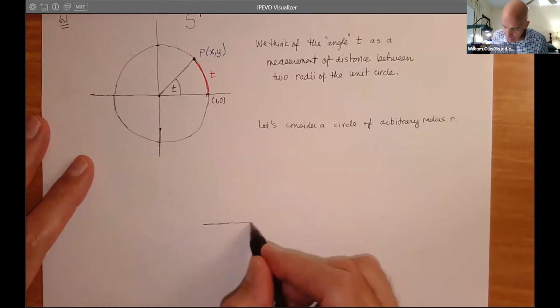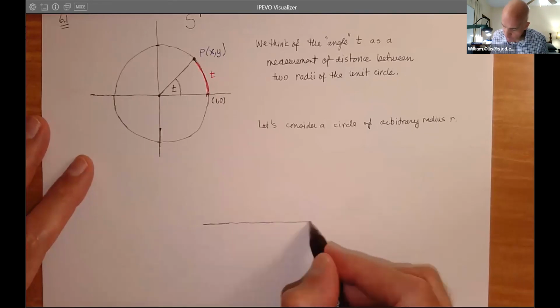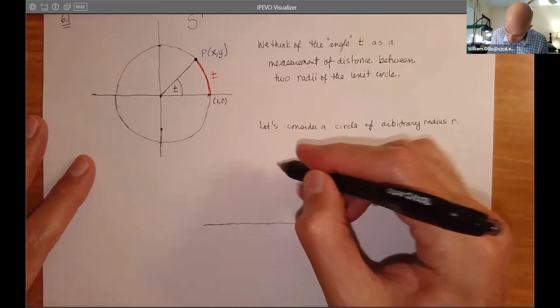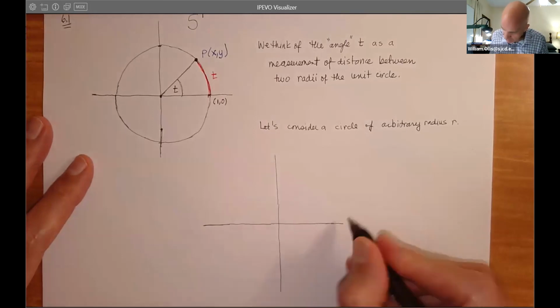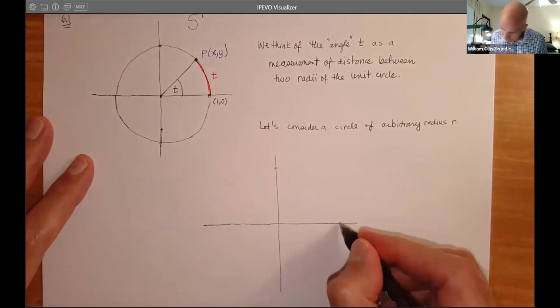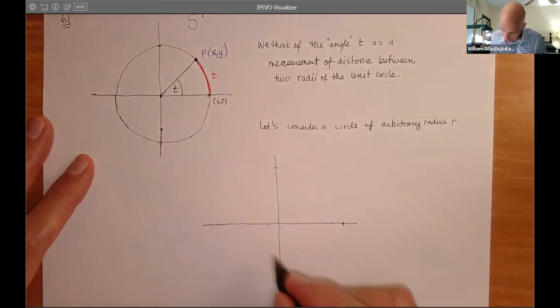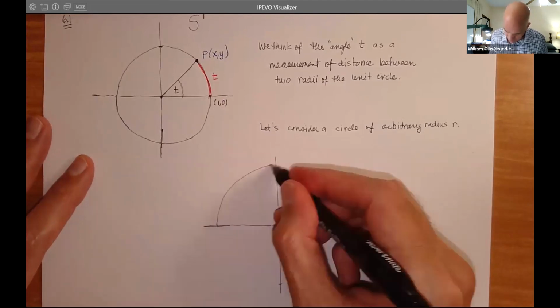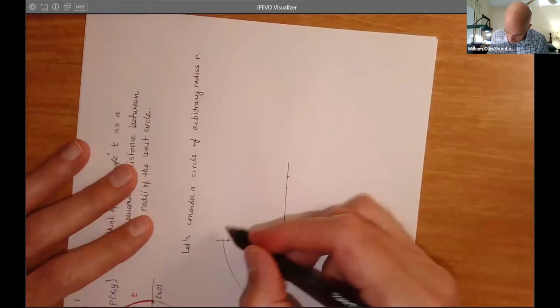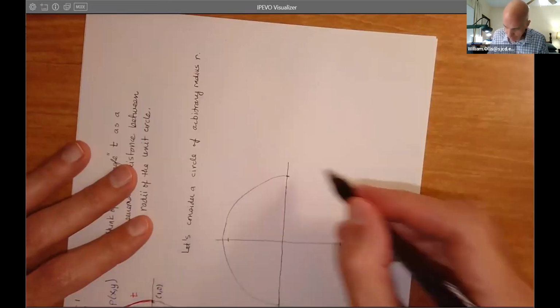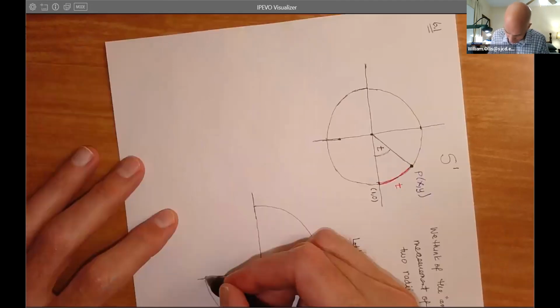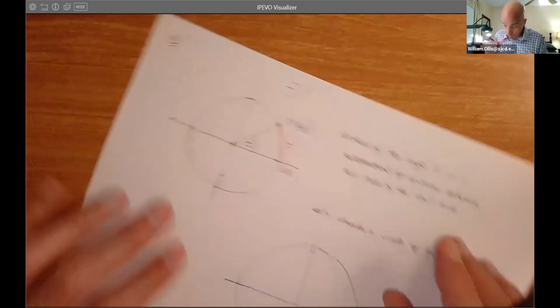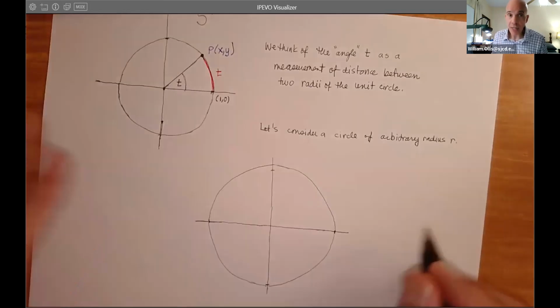So we're not going to call the new angle by the letter T because it's not going to be the same. So let's draw another circle. So now what we want to do is, again, draw another angle.